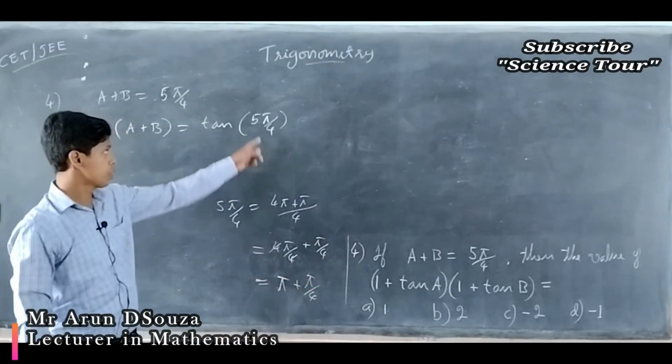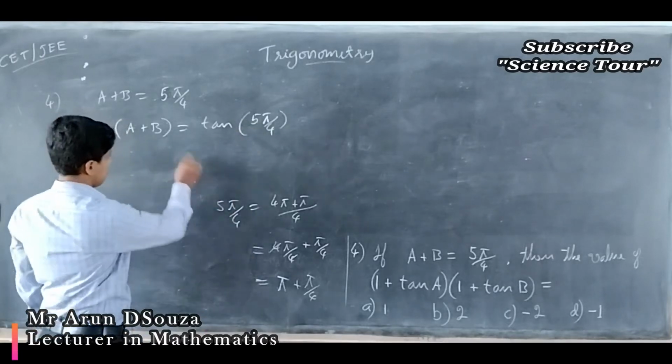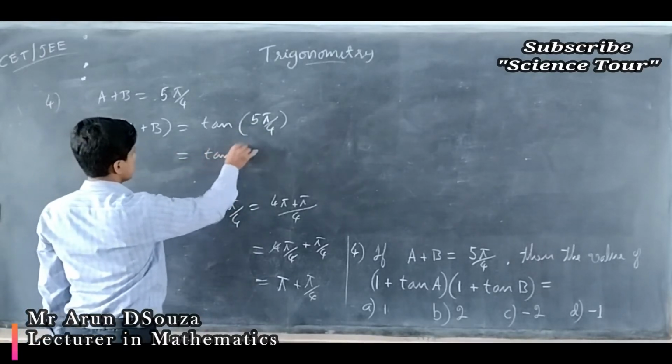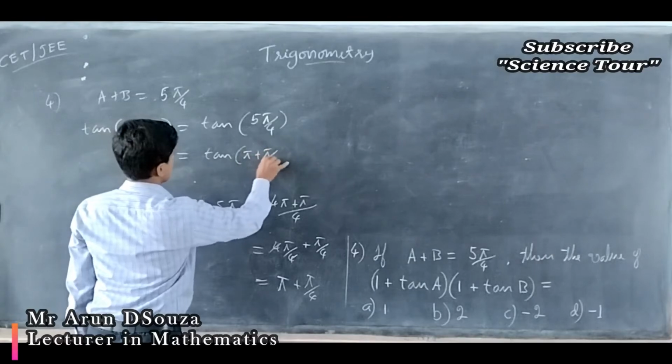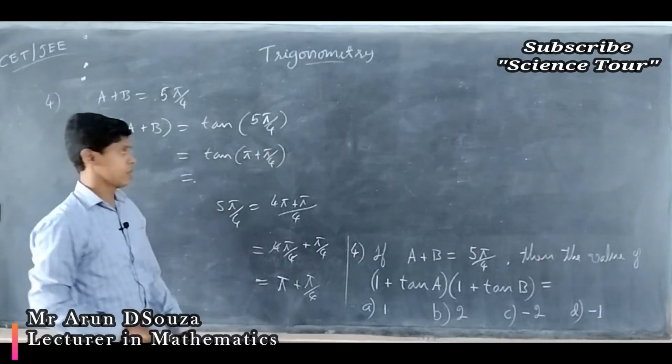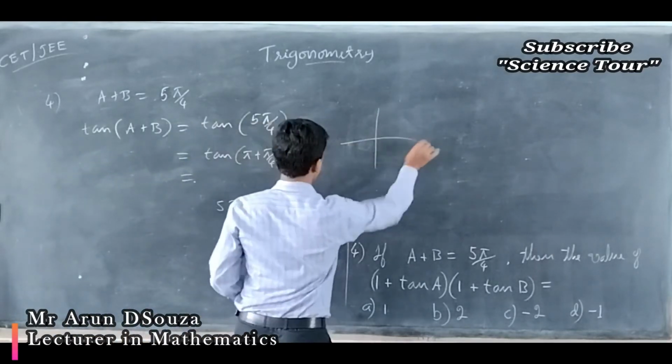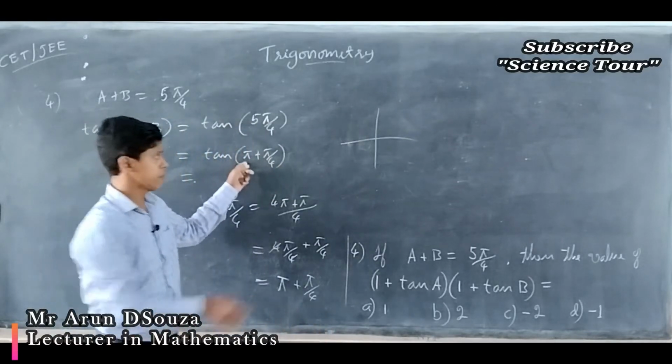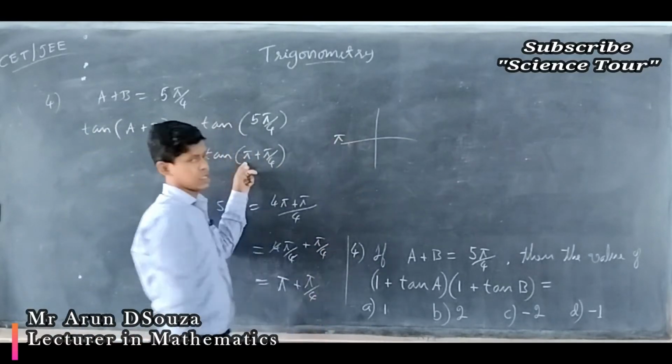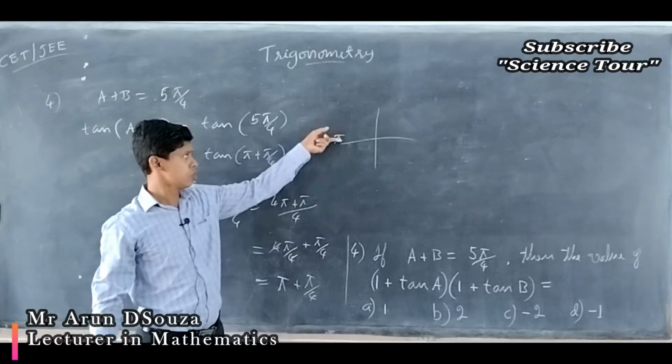So therefore this is pi plus pi by 4. Now you check the quadrant. In which quadrant does it lie? Pi, 180 plus, it is not minus, so you have to go forward.